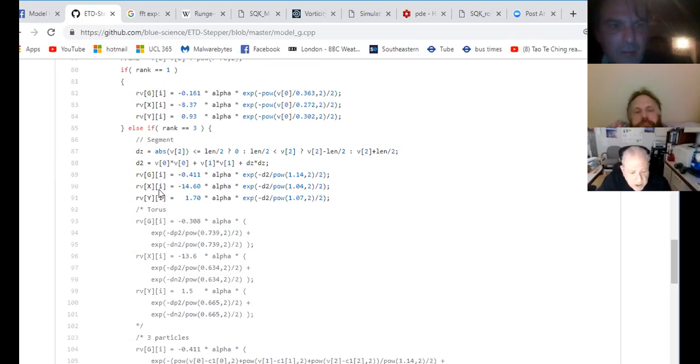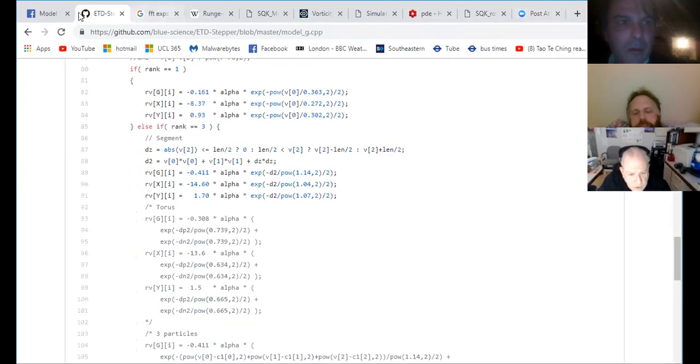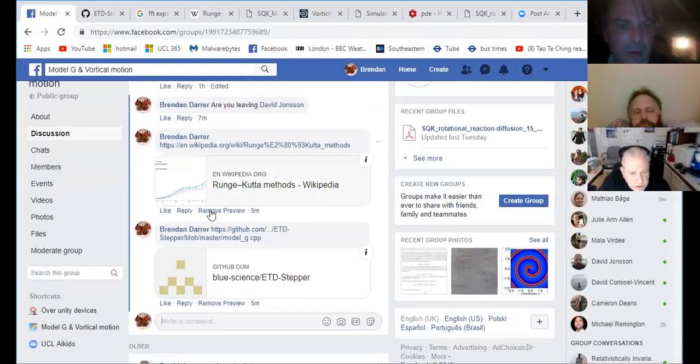Okay, I'm not sure what the torus is. The first one's the initial conditions, this segment. Okay, I saw your comment. You said that that's the initial conditions.